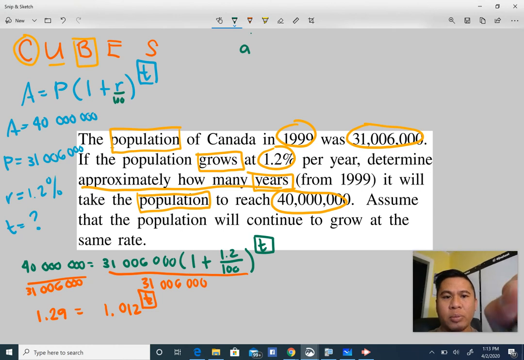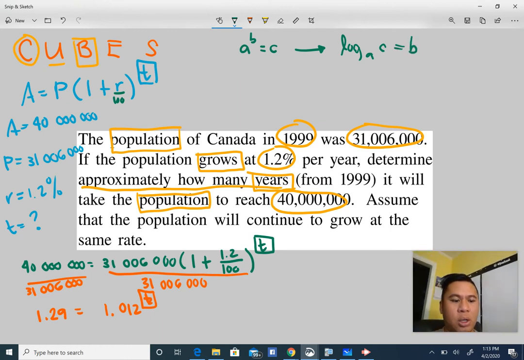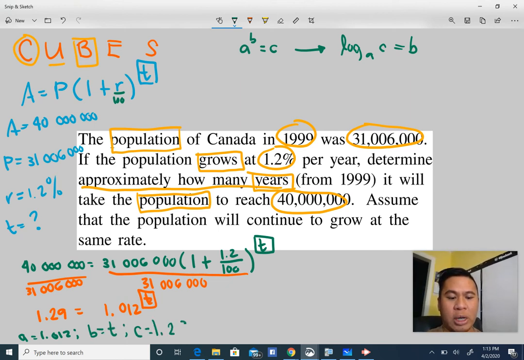A to the B equals C can be written in logarithm as logarithm base A of C is equal to B. In this particular case, my A is in fact 1.012, my B is my time T, and my C is the answer, approximately 1.29.